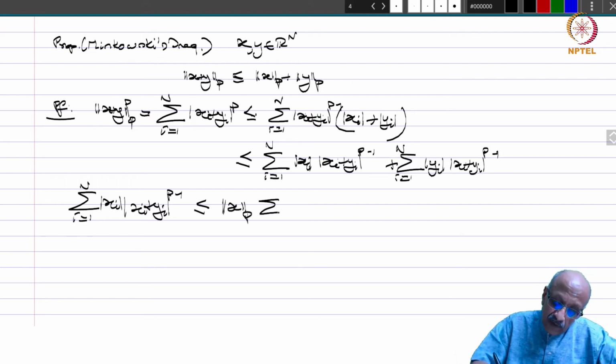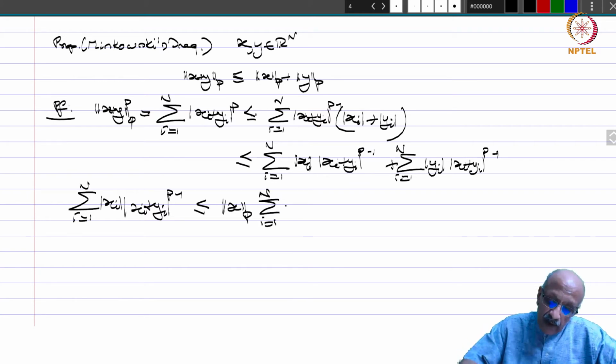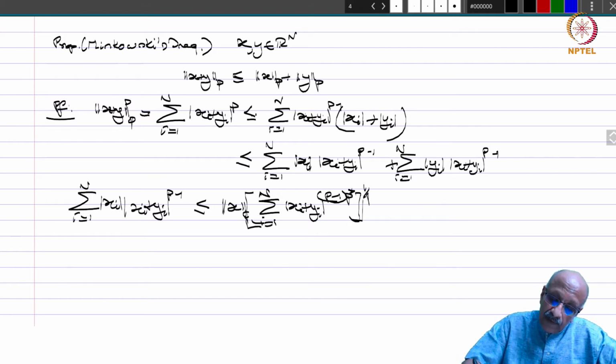In expanded notation, you have mod xi plus yi power p minus 1 times p star, whole power 1 by p star.